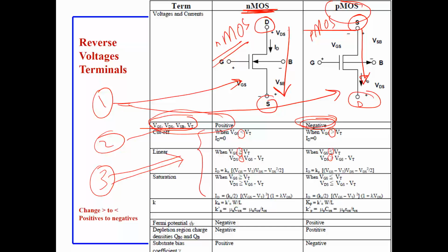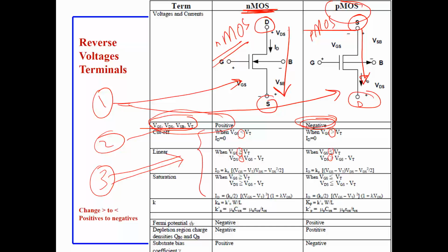If you take care of these differences, you can reuse the same equations that we have derived for the NMOS. You can reuse them for the PMOS with these exceptions. I'm familiar with other textbooks that give you a completely different set of equations for the PMOS. There is no need for that. You can use the same equations.